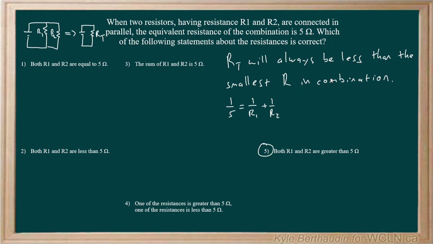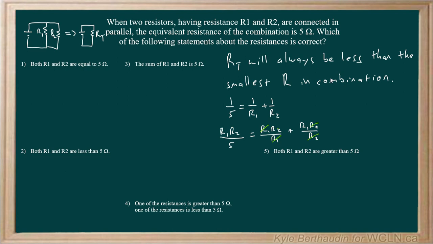And what we can do is multiply both sides by R1 R2. And we're going to have a little bit of canceling. We're going to lose the R1s here and the R2s here.